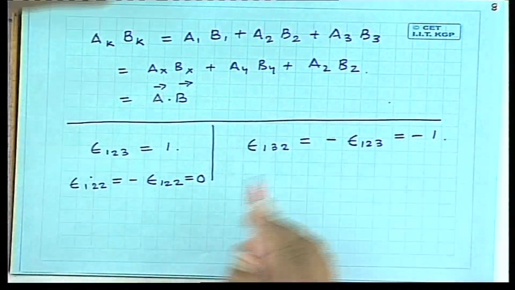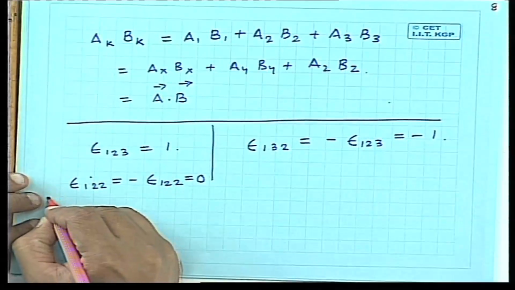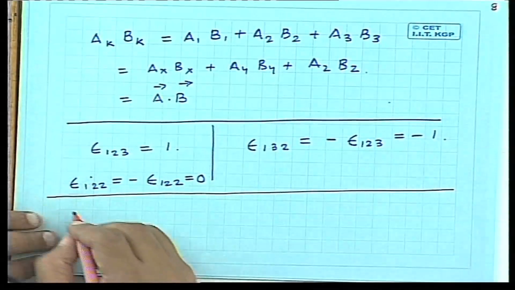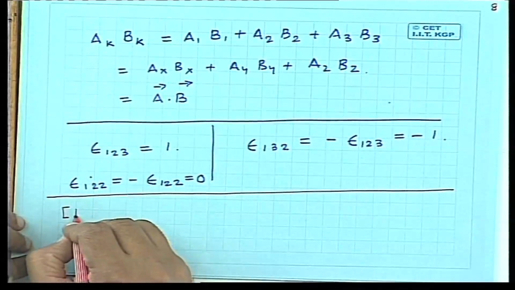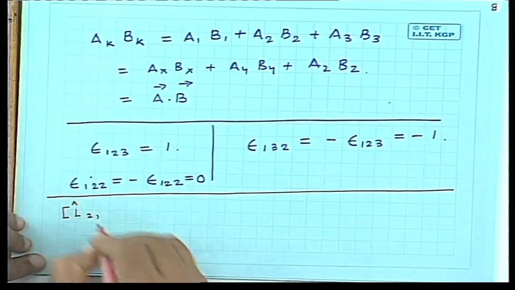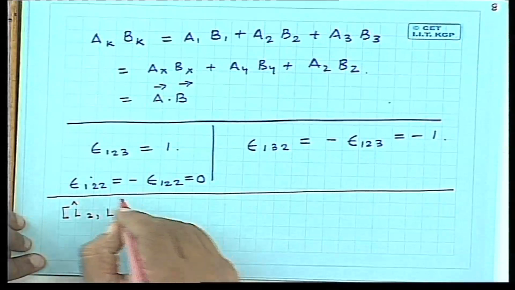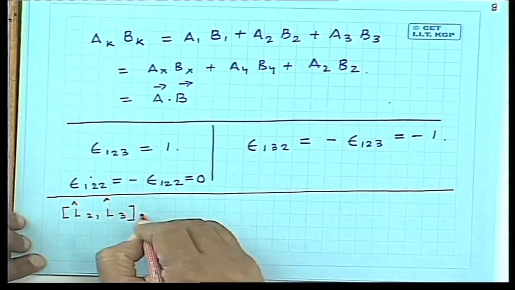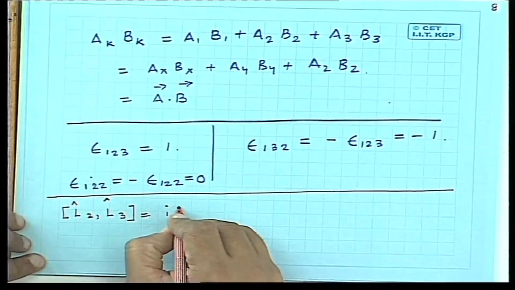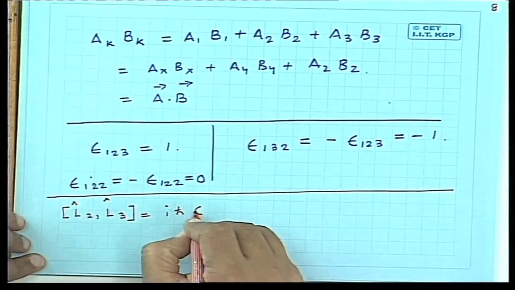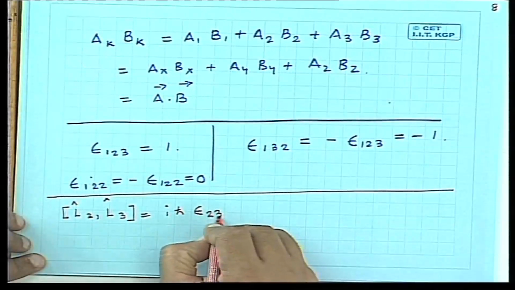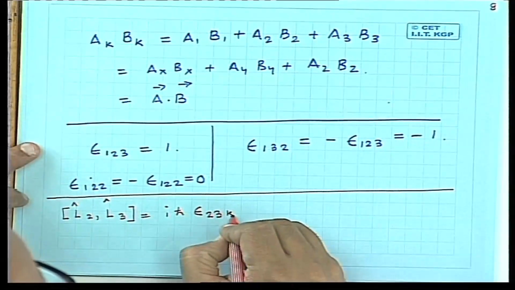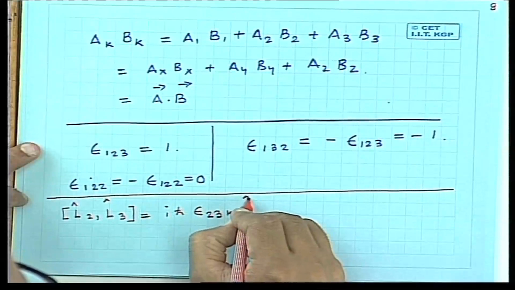So, if i is equal to 2, then what we have is the commutator of L2 with L3 is equal to i h cross epsilon 2, 3, k Lk.